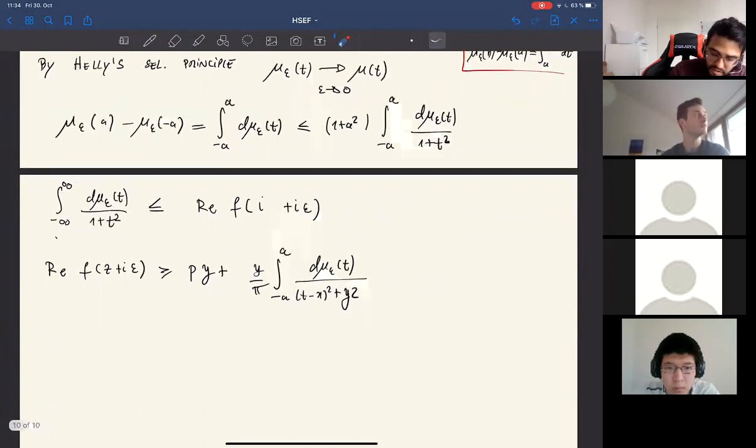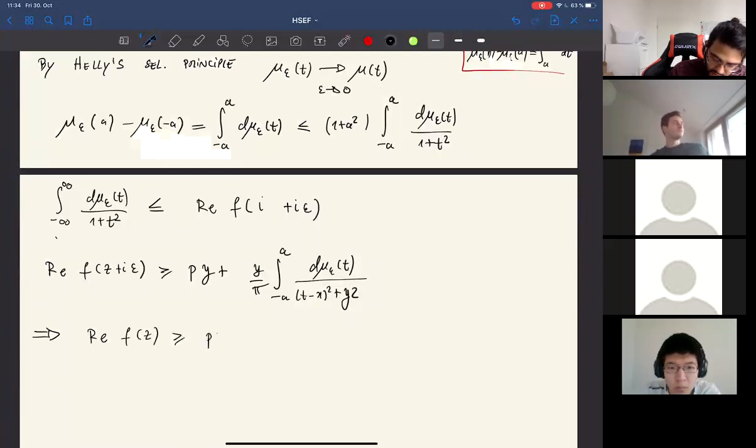So this is true. So then when I take epsilon to 0, I will conclude that the real part of f of z is greater or equal than p of y. Again, because of that comment that I said, that if the function is continuous, then the integrals against the function converge to the limit.